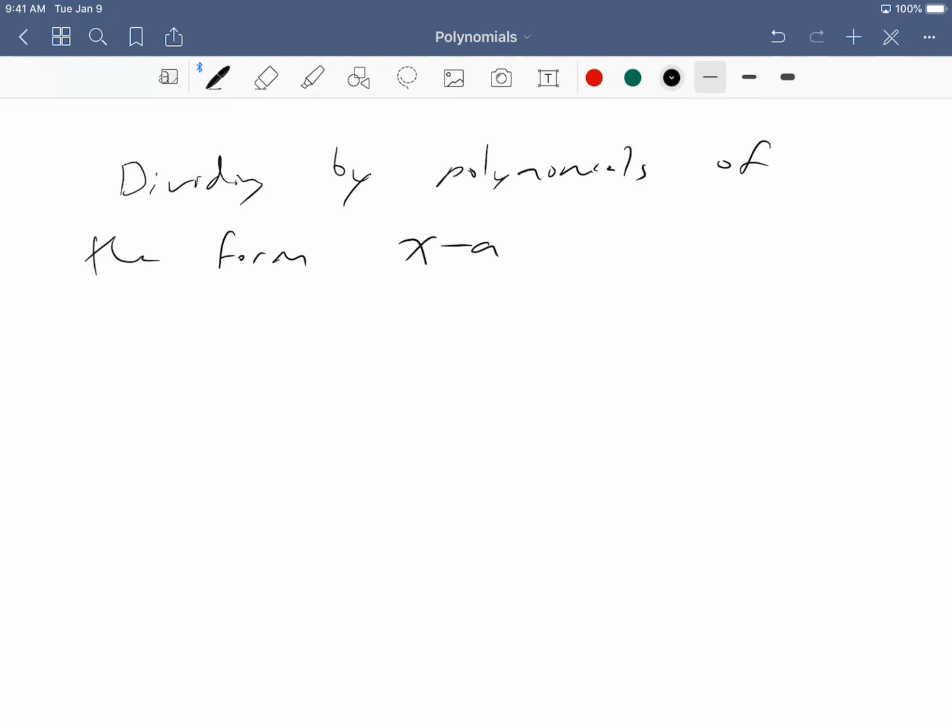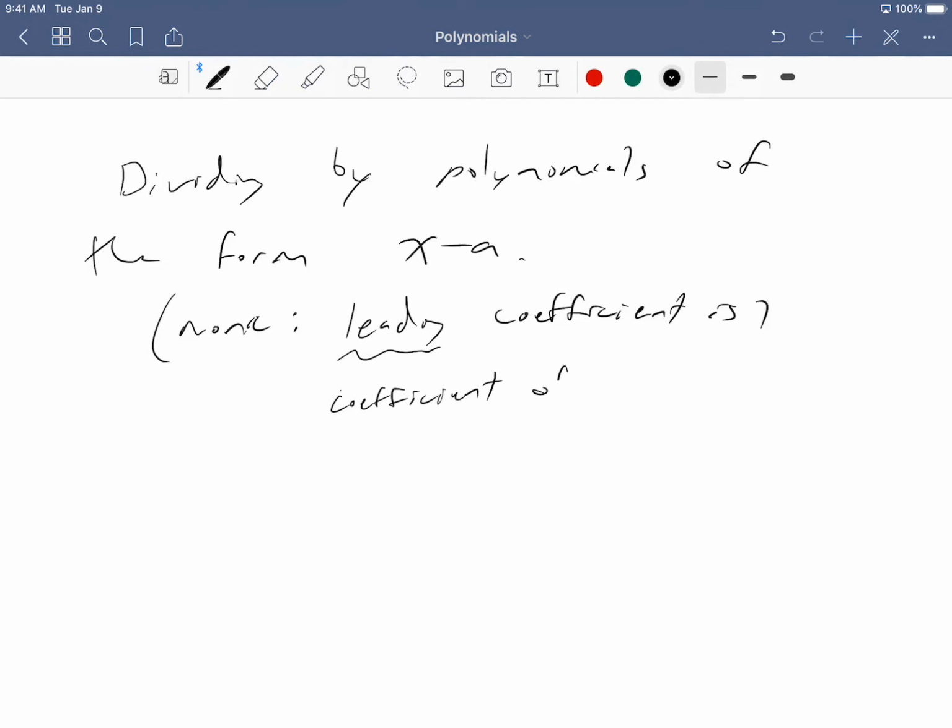But also monic. So monic, just as a side note, means the leading coefficient is 1. And by leading coefficient, what I mean is the coefficient of the highest power term.